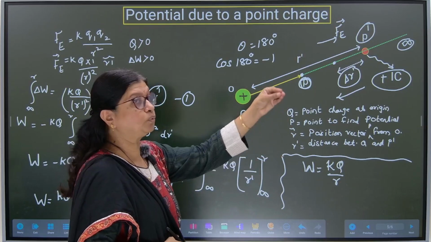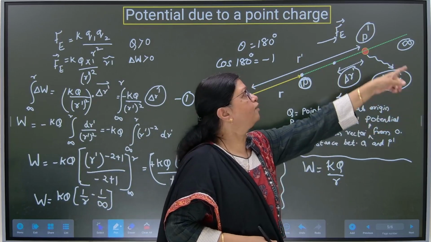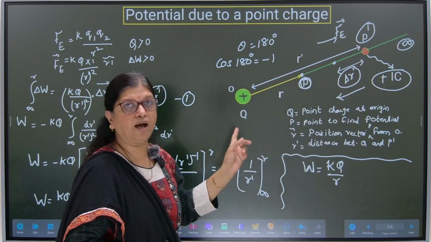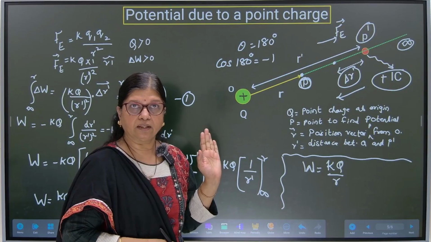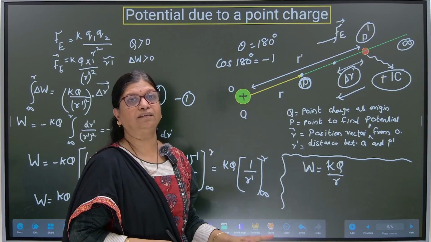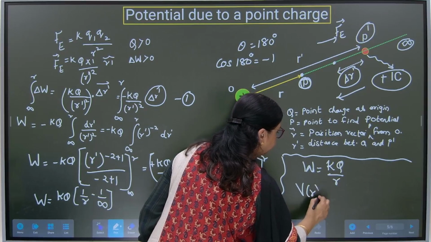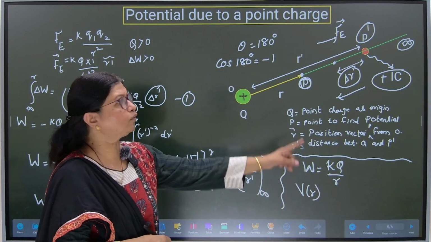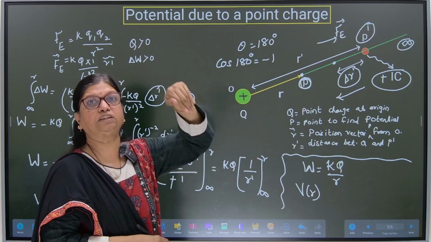Now for what have I done this work? I have done this work to bring a unit positive charge from infinity to R. That's why my lower limit and upper limit are R and infinity. So that work done is the potential energy itself, which is a function of the distance between the charge and the point where I want to find out potential.